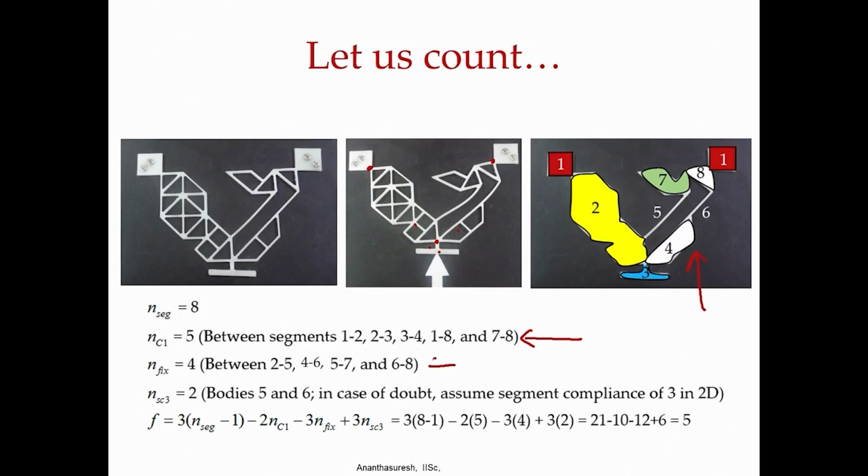And then we have fixed connections also between 2 and 5, 4 and 6, 5 and 7, 6 and 8. And then NSC 3 we have taken 2, that is segments 5 and 6. Again, in case of doubt, you take the full. So, we have 2 such things. If you put that into the formula, which you can check slowly, we get 5 degrees of freedom.